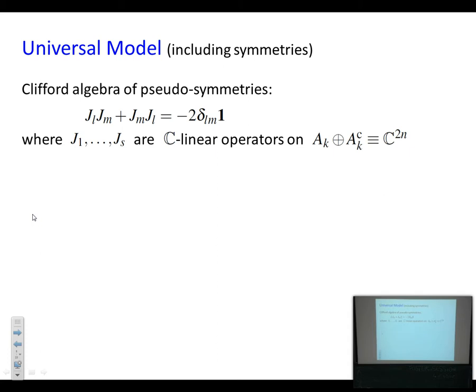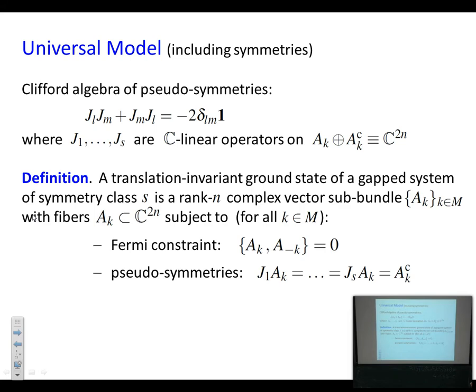Now, I'll distinguish between right and left here. This is a challenge to the brain. So here's a definition. If you don't understand anything about this talk, at least you should be able to take away this definition. I'm saying this: a translation invariant ground state, free-fermion ground state of a gapped system of symmetry class S is the following.